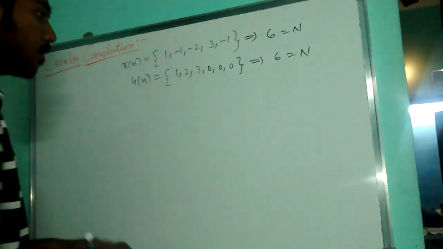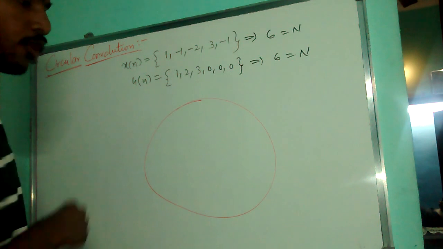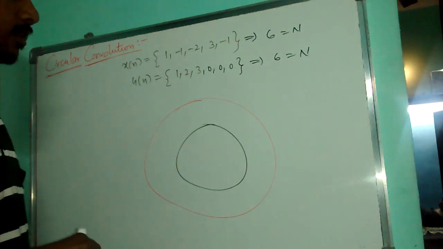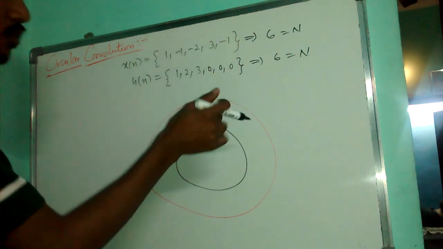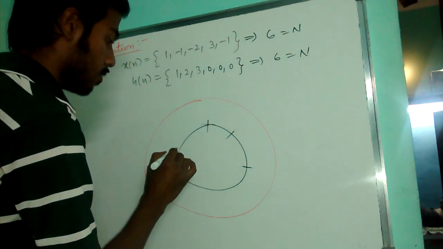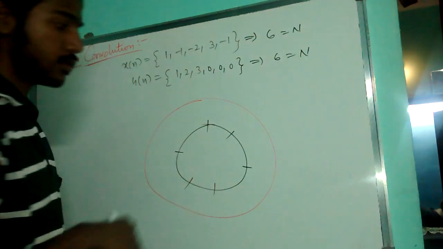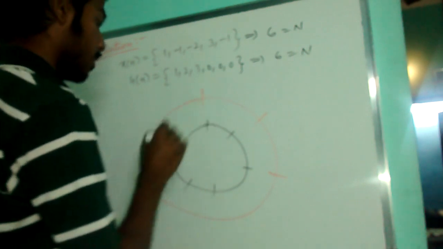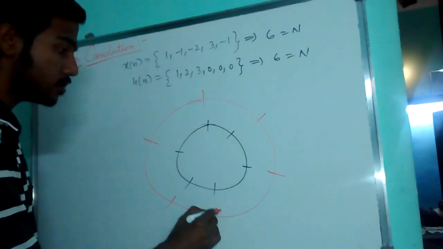Now again I'll draw an outer circle, I'll draw an inner circle. I want 6 values: 1, 2, 3, 4, 5, 6. Similarly 1, 2, 3, 4, 5, 6.